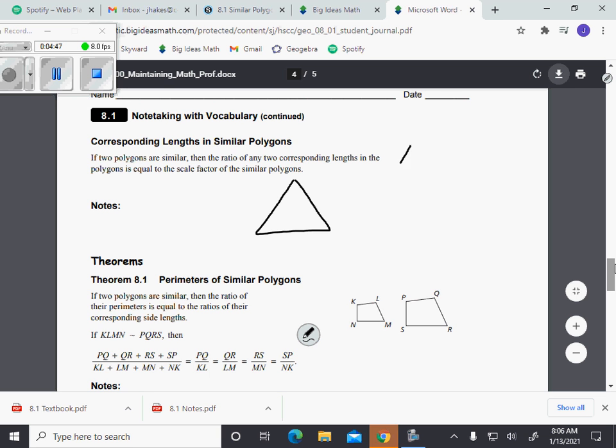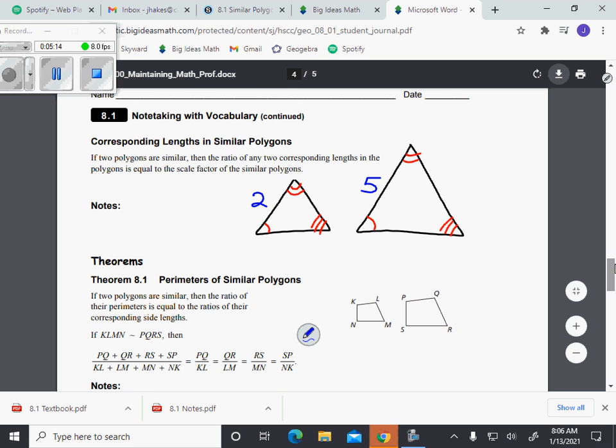There's one, there's two. Let's say these were similar figures, so these angles are all congruent. But this side was 2, and this side was 5.